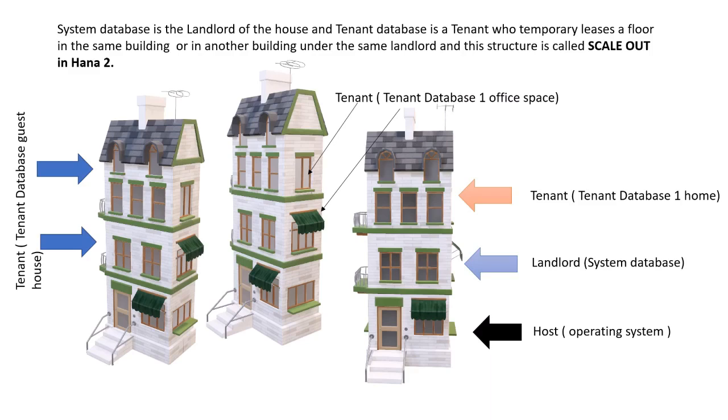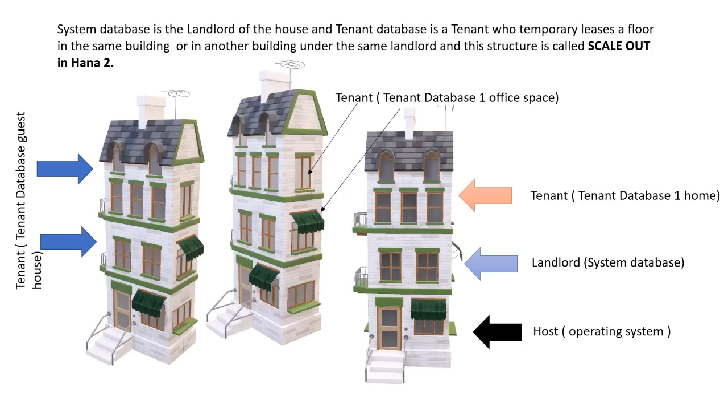It's like the earlier part of the video, where we saw different tenants given space in different buildings under the same landlord. Now that same space is provided to the same tenant, but the tenant has divided his operations across these different buildings. Every building is a host.